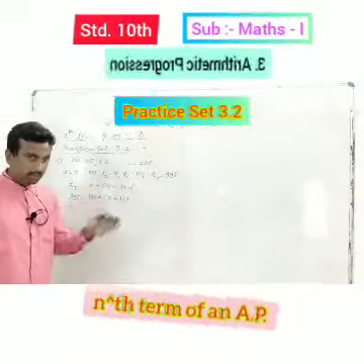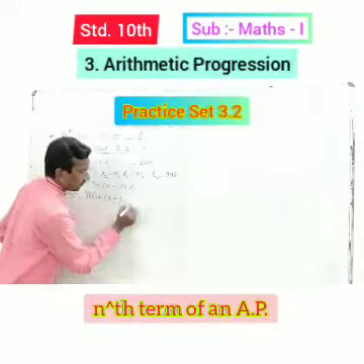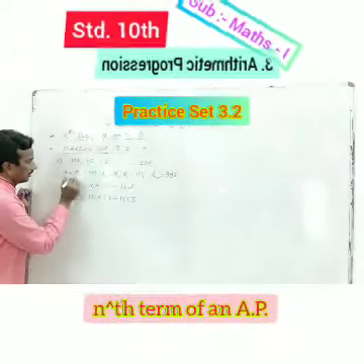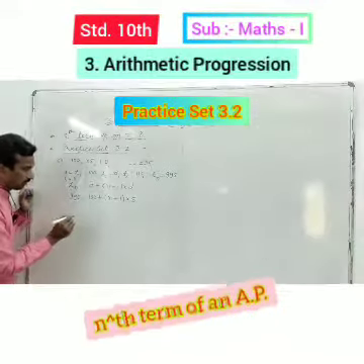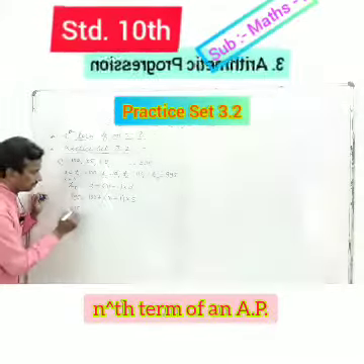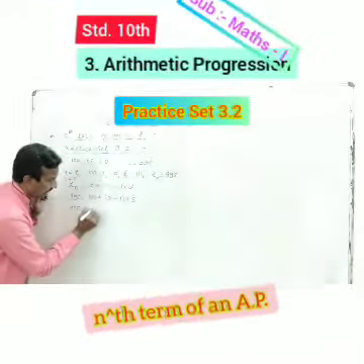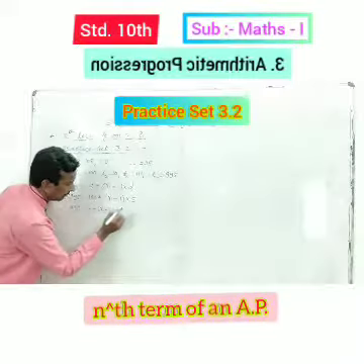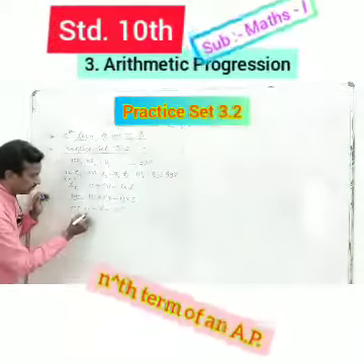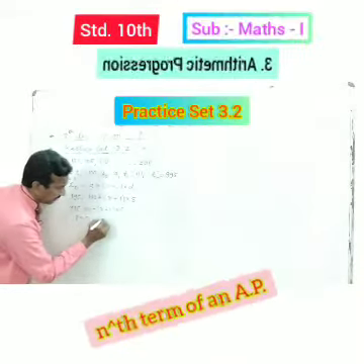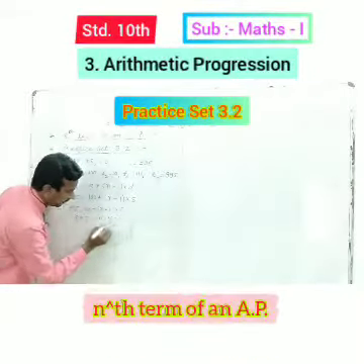It is divisible by 5, therefore D is equal to 5. Therefore 995, 100 goes to the LHS side, it becomes minus 100, equal to n minus 1 into 5. Now 995 minus 100 is 895, equal to n minus 1 into 5.